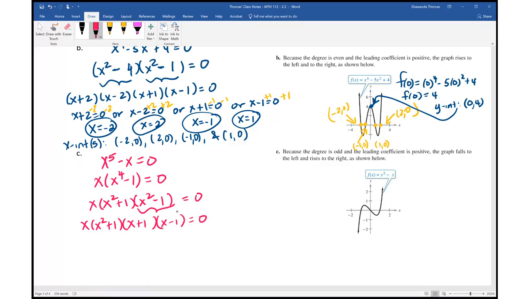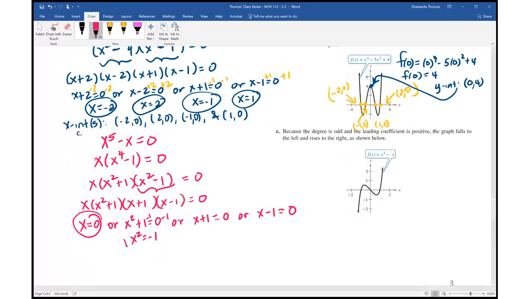We set all of these factors to 0: x equals 0, or x squared plus 1 equals 0, or x plus 1 equals 0, or x minus 1 equals 0. So we have x equals 0. For this one, if we subtract 1, we get x squared equals negative 1, and square root both sides.